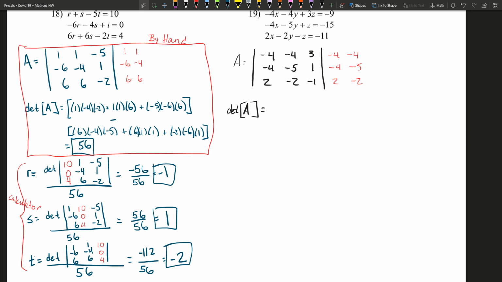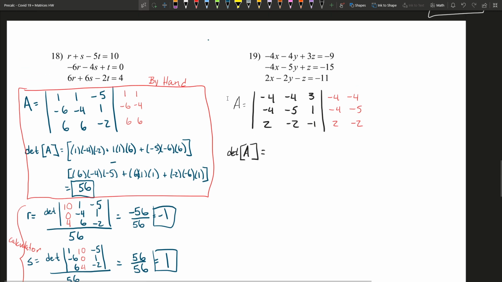The first thing you have to do on number 19 is just to get the coefficient matrix, which I have written right here. So that's A. And we need to take the determinant of that matrix. In order to take that determinant, we have to repeat the first two columns. And then we have to multiply the diagonals together.